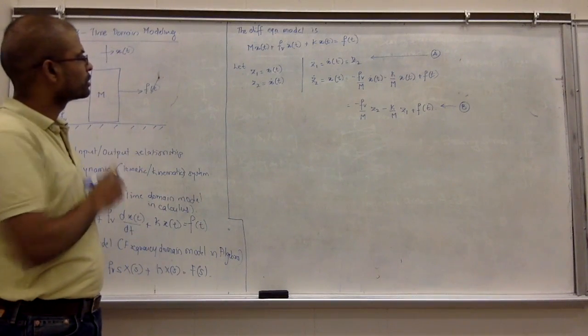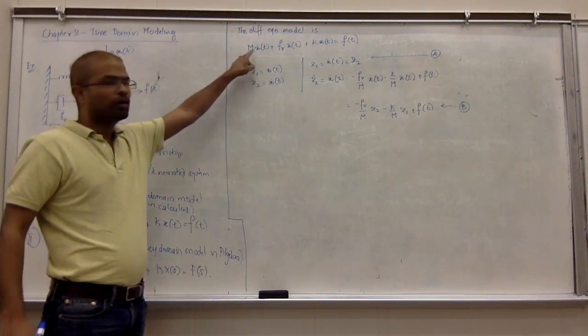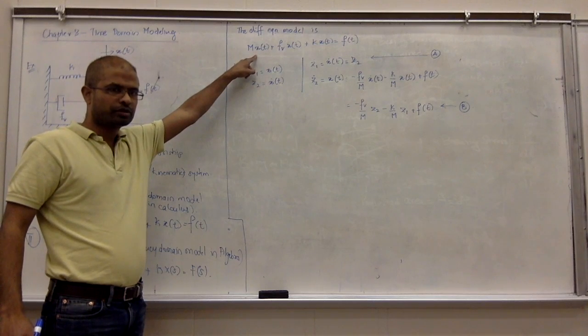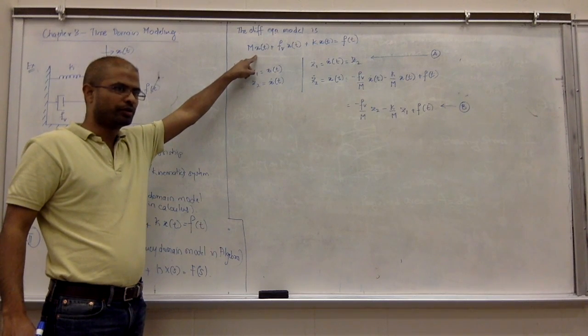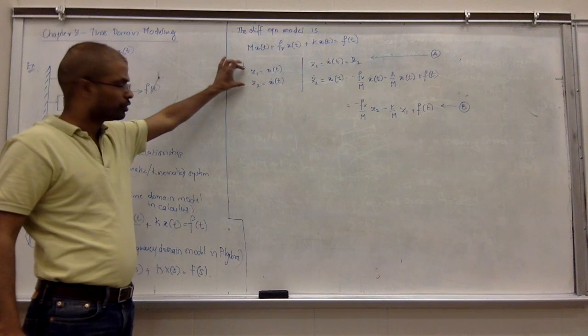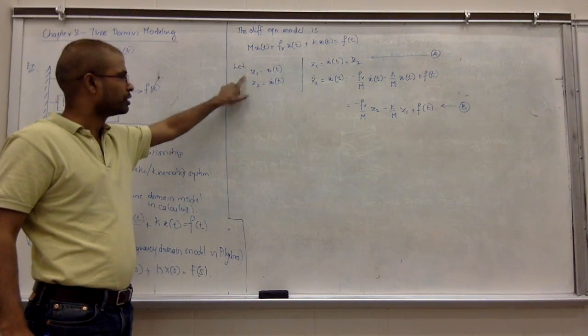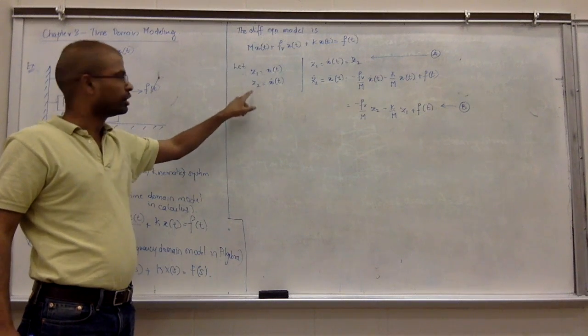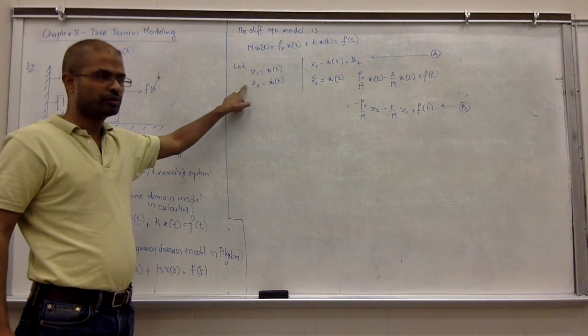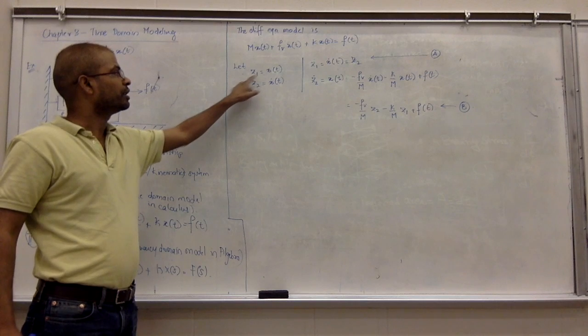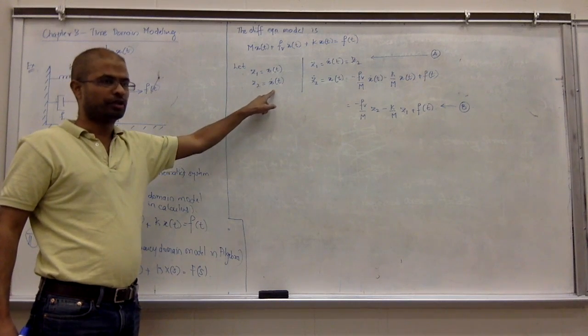So what is the order of the differential equation here? It's a second order differential equation. Since it's second order, I'll use two states, Z1 and Z2, and assign them to displacement and velocity.